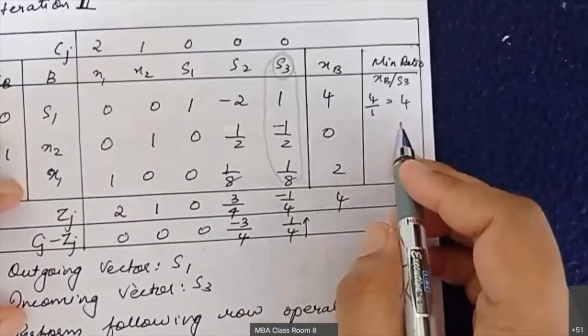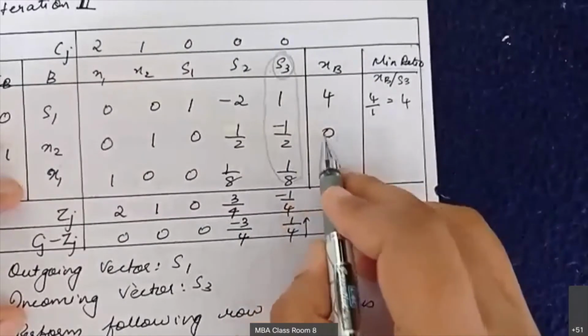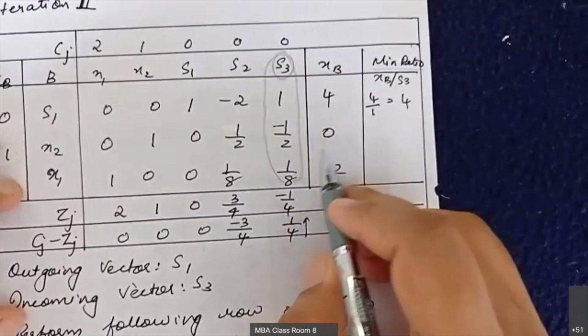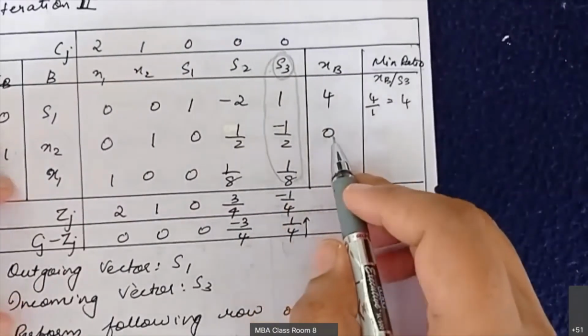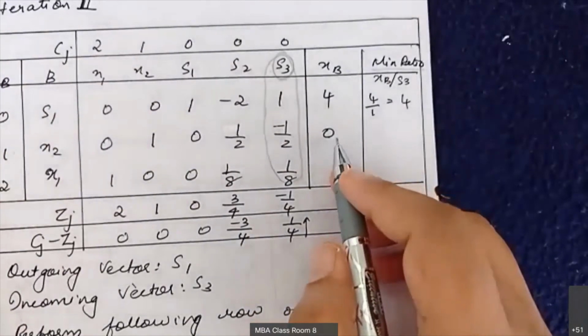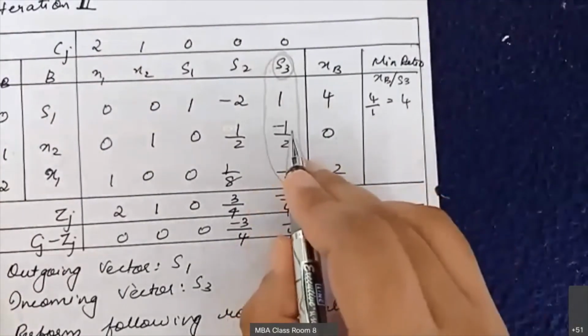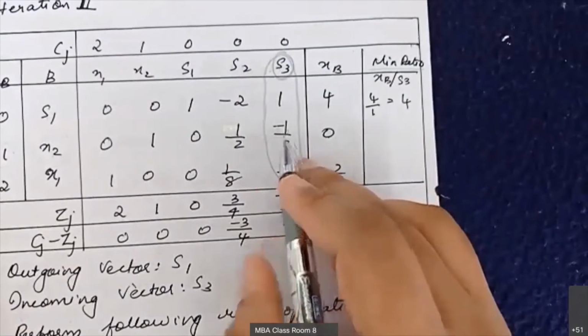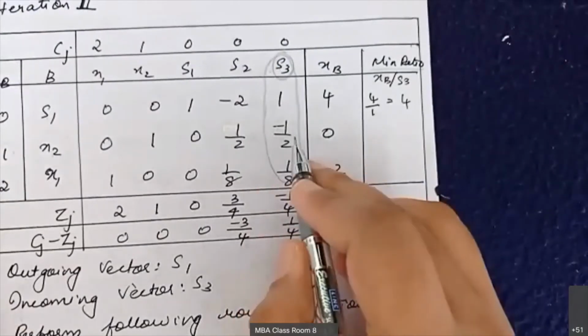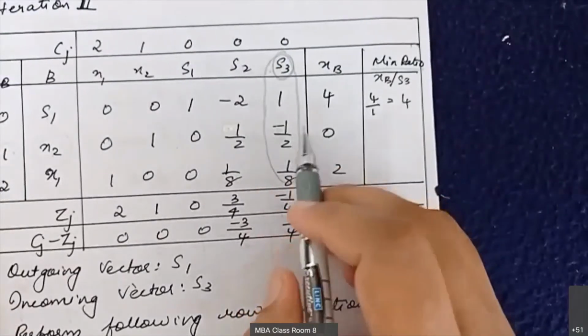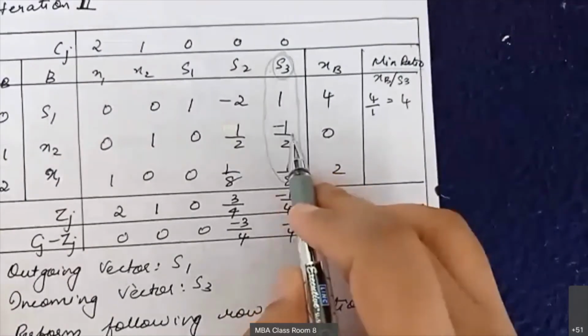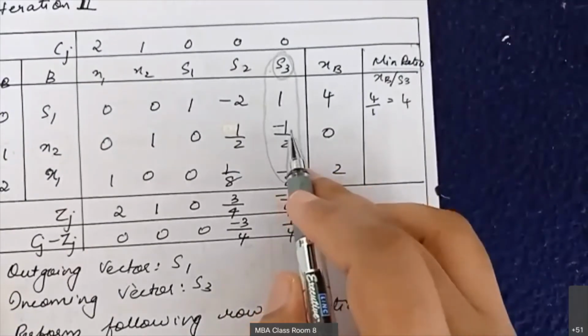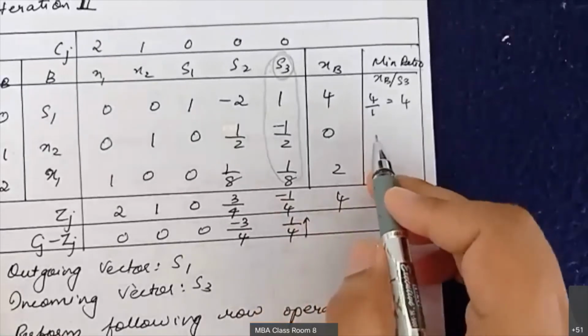Any number which is 0 divided by any other number will be 0 itself, right? But in this case, our element in the key column is a negative value. So always remember, when the number to be divided by is a negative number, you don't have to enter anything into the minimum ratio.